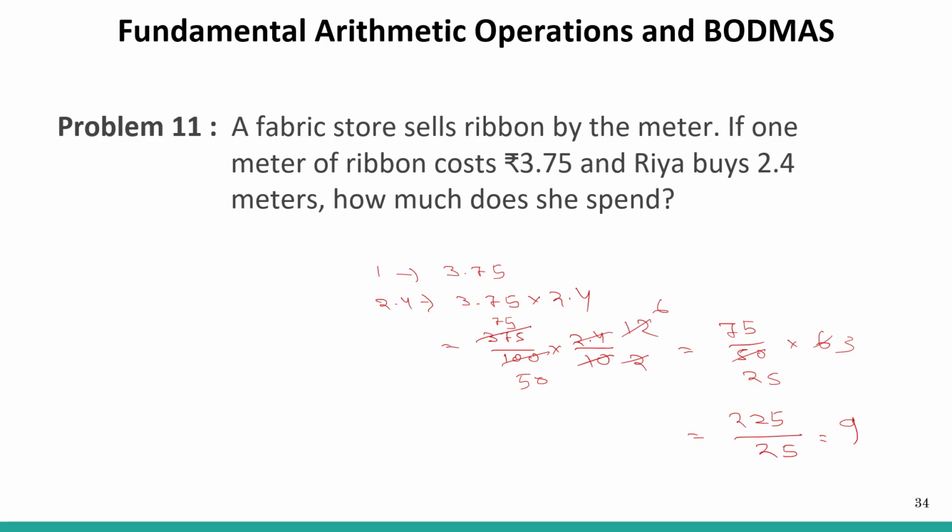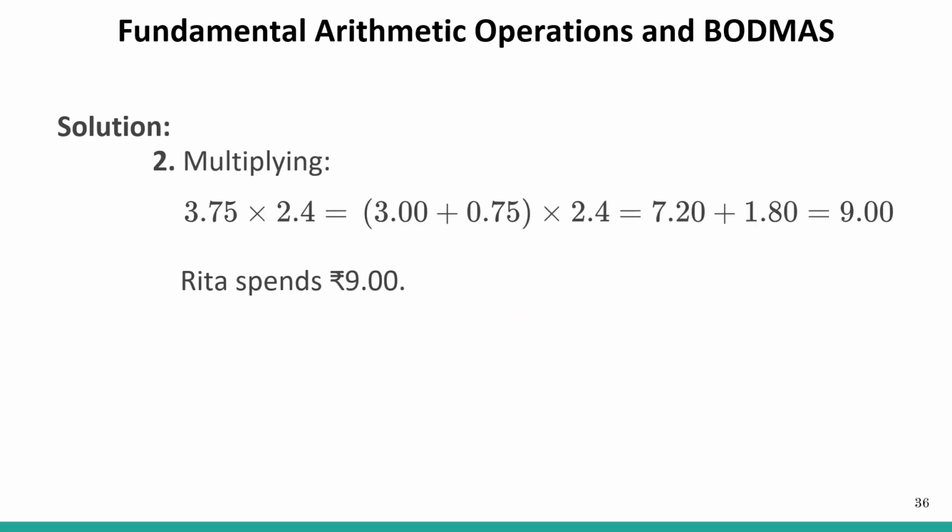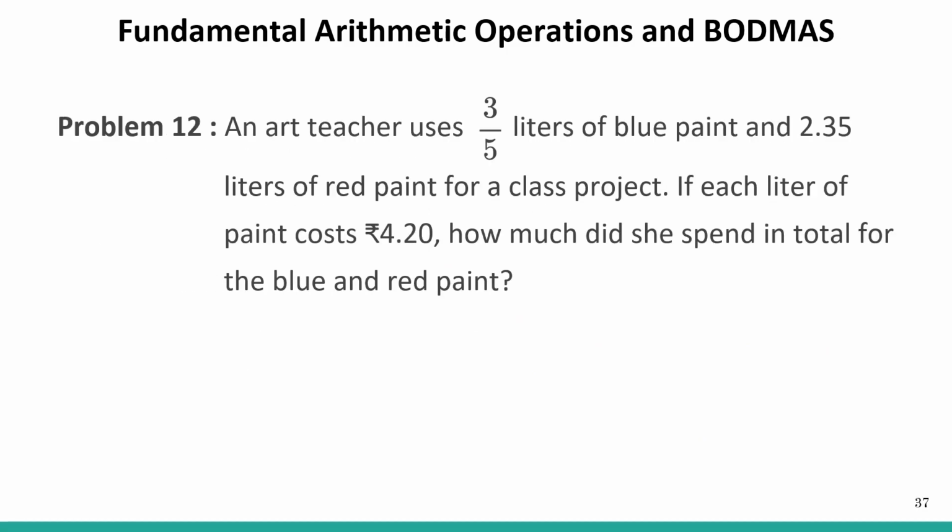So let's see problem number 12 first. An art teacher uses 3 by 5 liters of blue paint and 2.35 liters of red paint for a class project. If each liter of paint costs 4.20, how much did she spend in total for the blue and red paint? Since both the paints cost the same, let's add the amount of paint used in both cases, that is 3 by 5 plus 2.35.